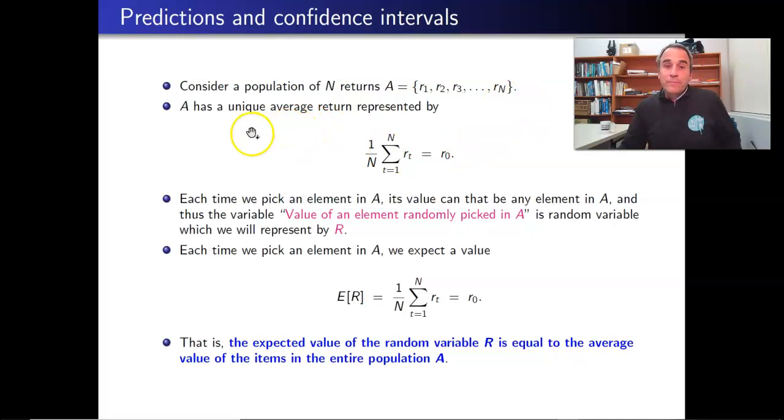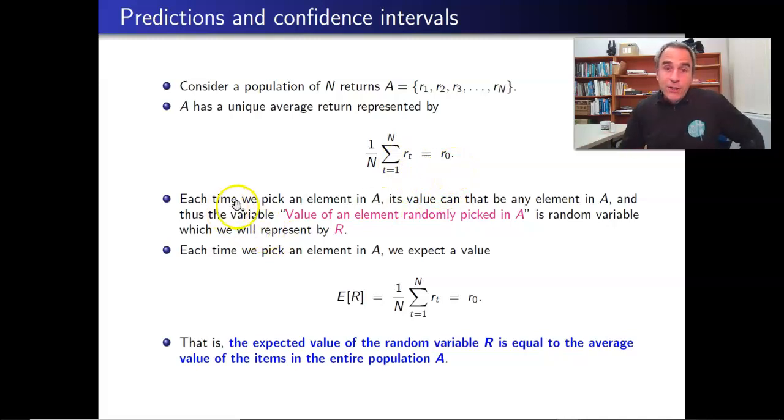This population A has a unique average return, which we calculate this way: the sum of all the returns divided by the number of observations in the full population, and we call it R0.